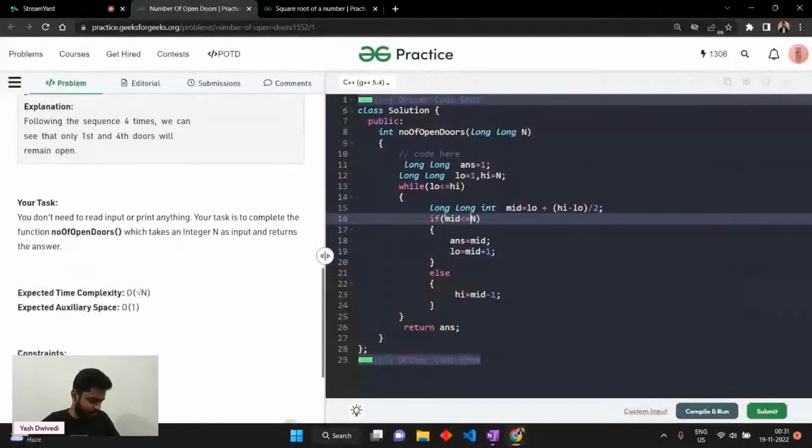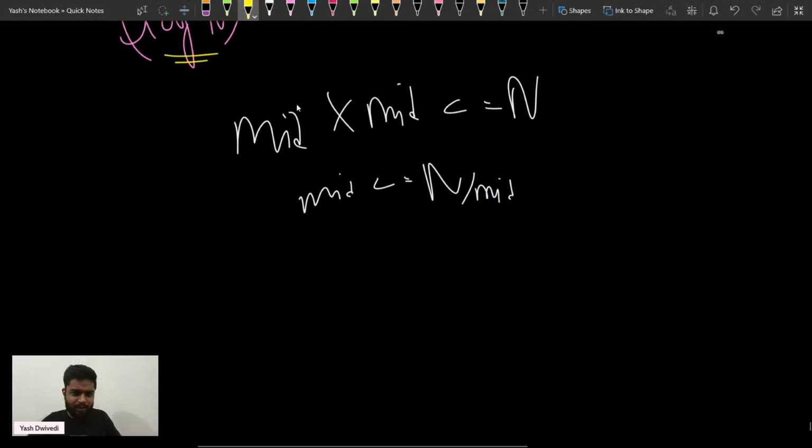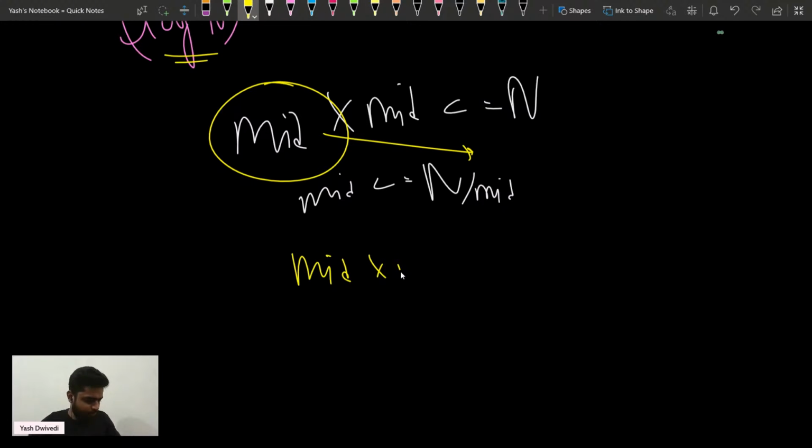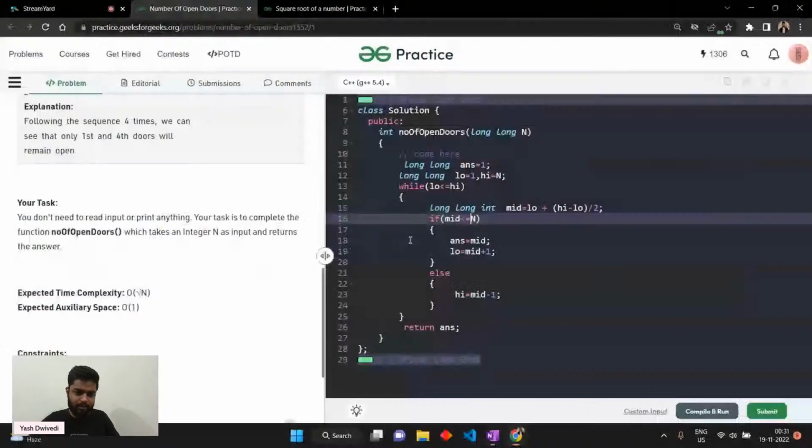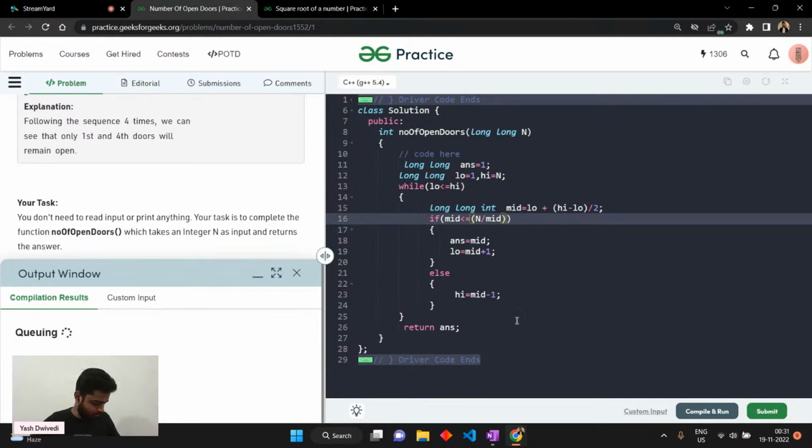So basically, if mid into mid is lesser equal to n, then mid is lesser equal to n divided by mid, right? I'm cross multiplying one of the mids to the right side. So that is nothing but this thing divided by mid. I think now I might reduce the overflow.